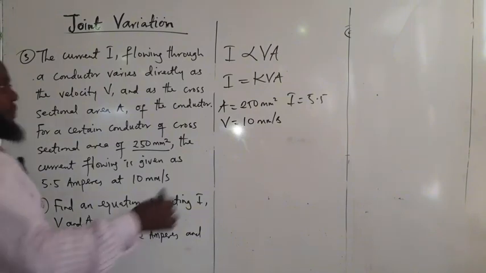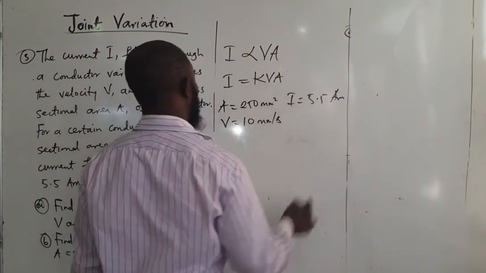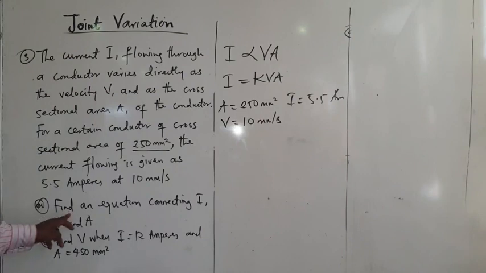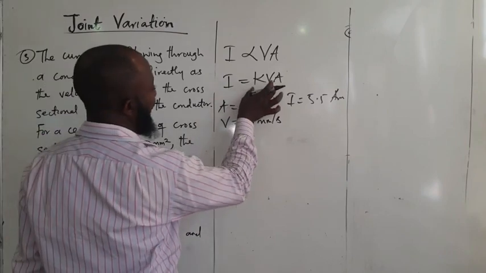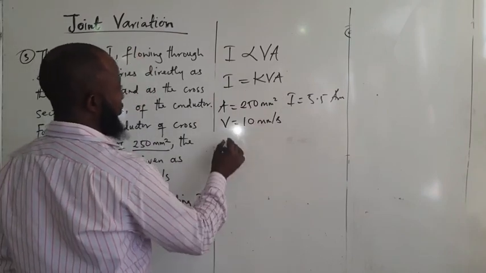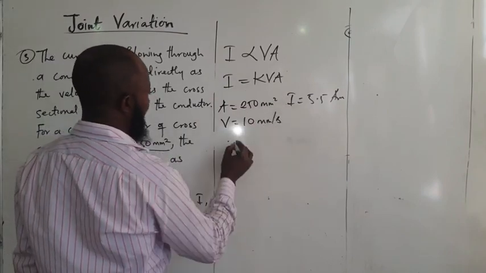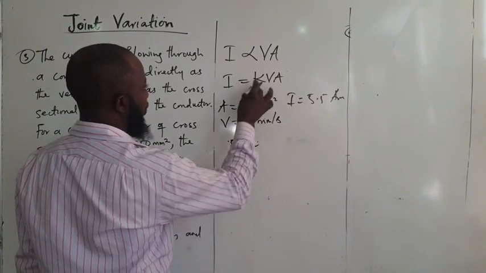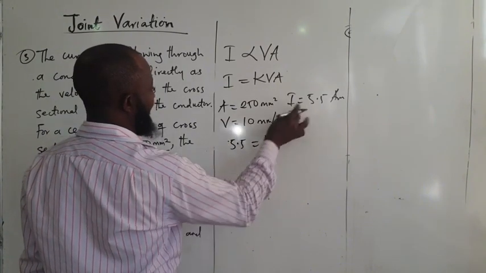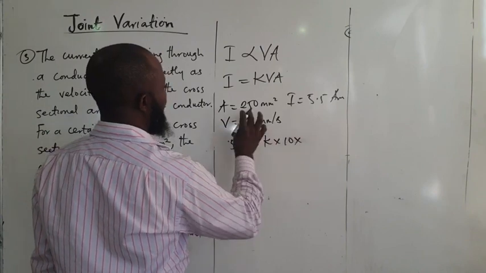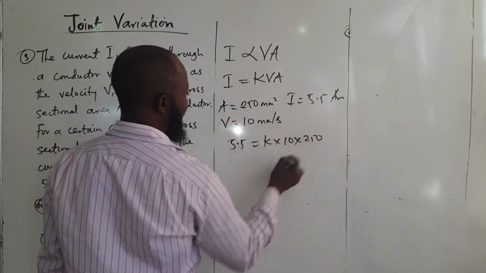So let's find an equation connecting I, V, and A. So we're going to look for the constant K. So I, which is 5.5, equals K, which we don't know, multiplied by V, which is 10, multiplied by A, which is 250.